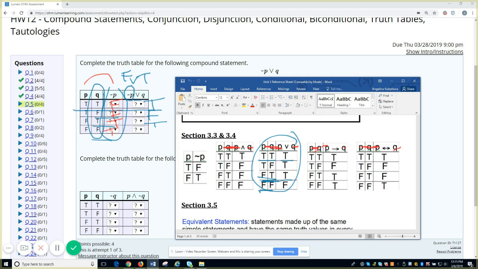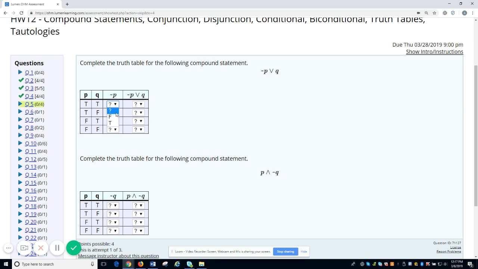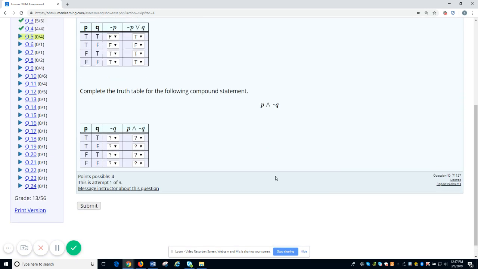And then true, false, that's also true. Okay, so in other words, joining the negated P with Q with an OR gets us true, false, true, and true.